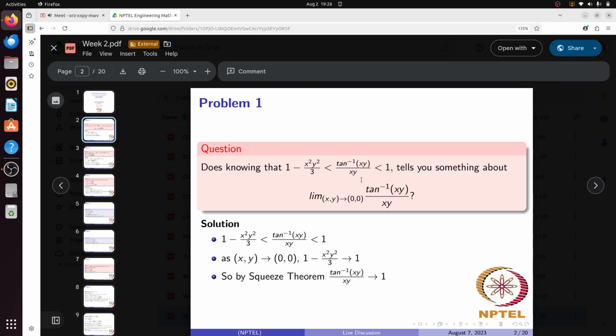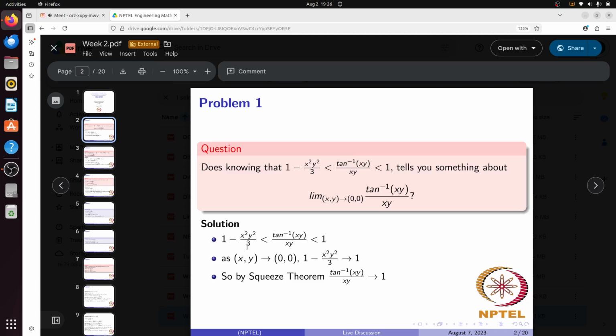Does knowing that 1 minus x square y square by 3 is less than tan inverse xy by xy, which is less than 1, tell you something about the limit as xy tends to 0 0 of tan inverse xy by xy? Now, 1 minus x square y square by 3 is less than tan inverse xy by xy, which is less than 1.